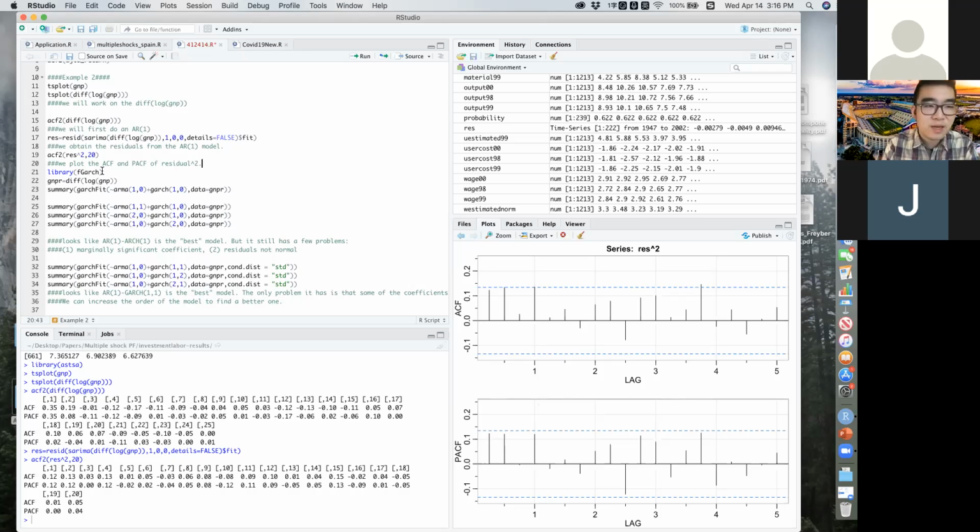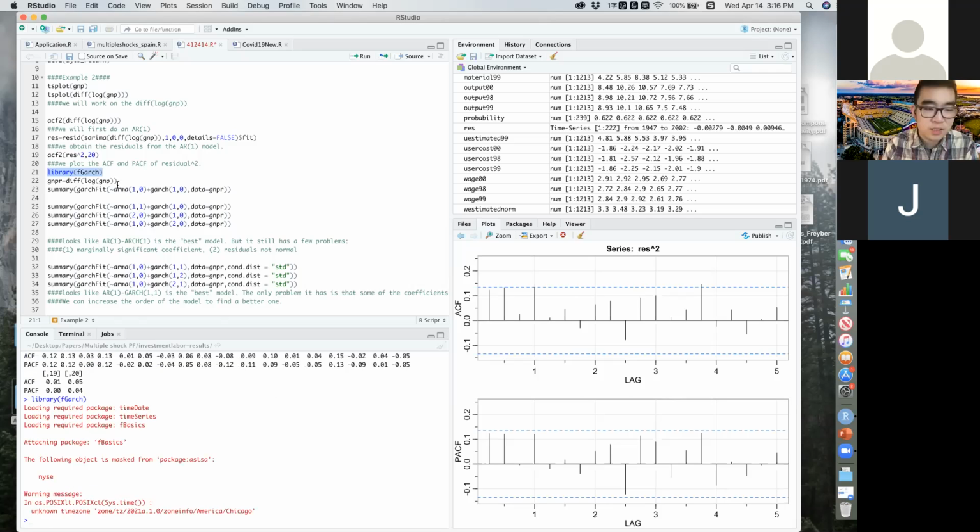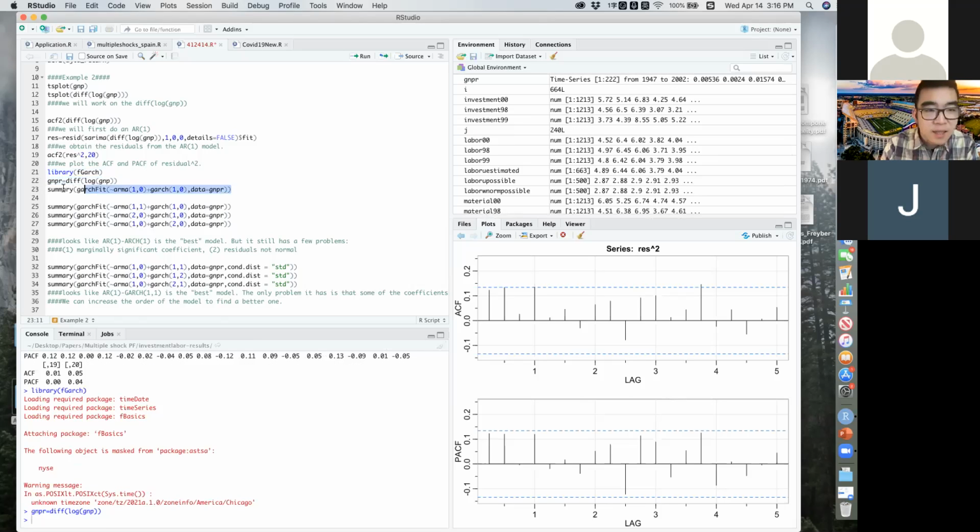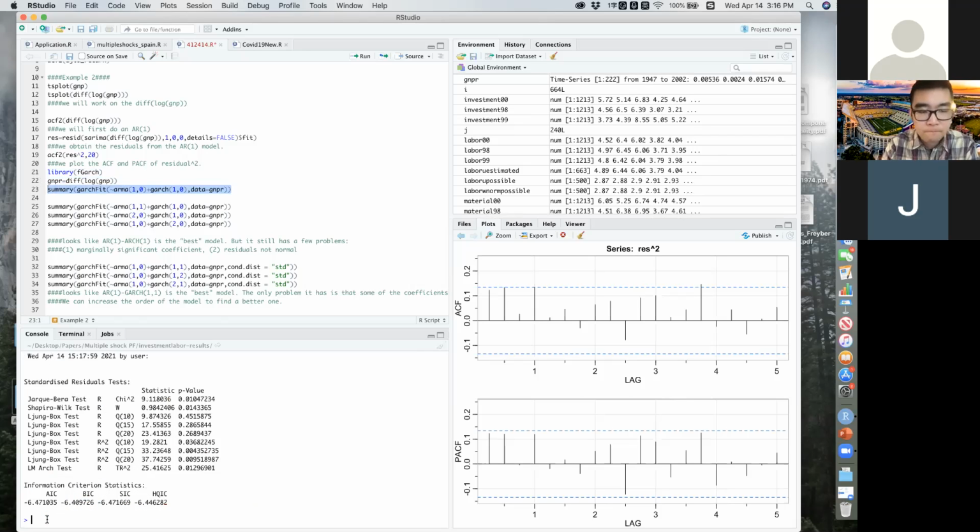So the library that you will use for the GARCH model is this. You install the fGarch package in your library, and if you want to use it, you just call library fGarch. Okay, so this is the data, and now this is the GARCH fit.